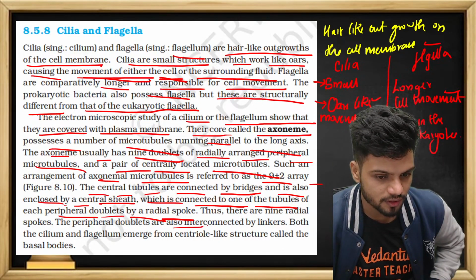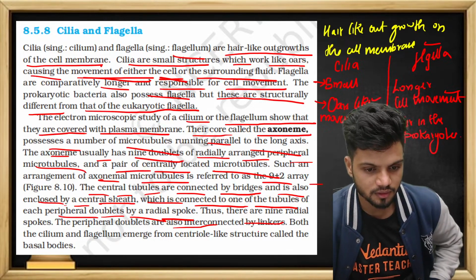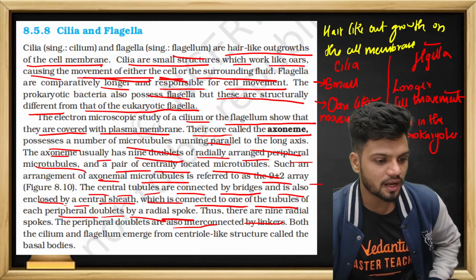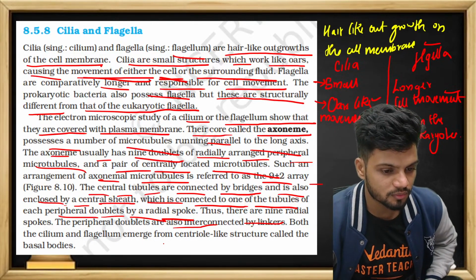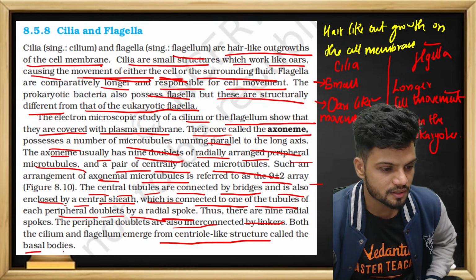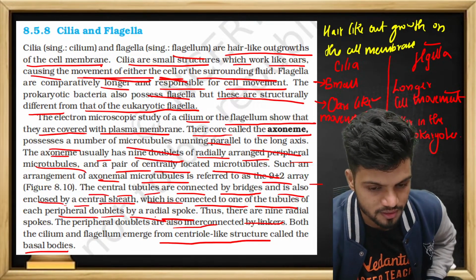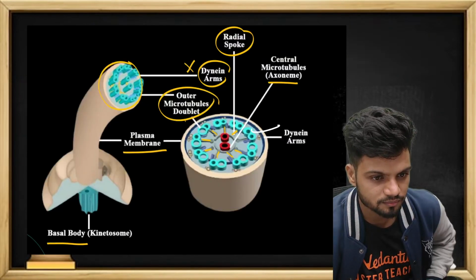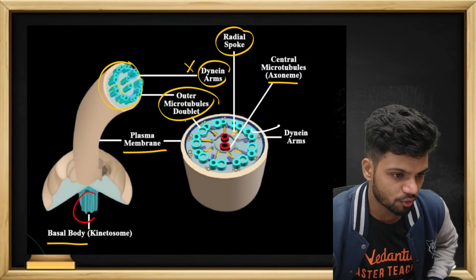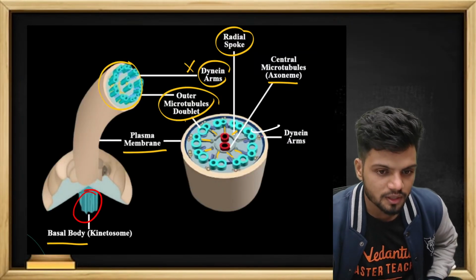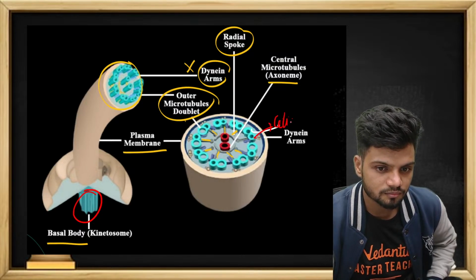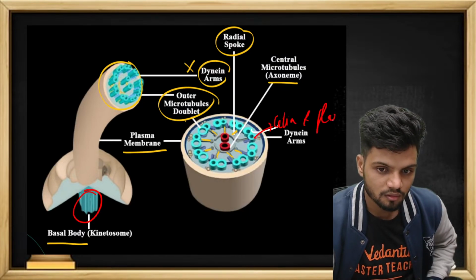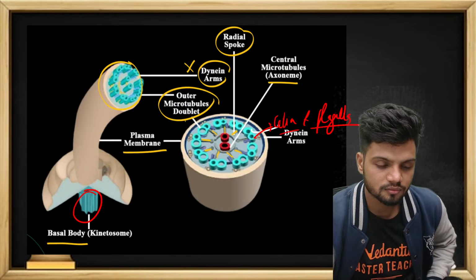Peripheral doublets are also connected by a linker. Both cilia and flagella emerge from the centriole-like structure called the basal body. See, that's the last line. This is called the basal body. From the basal body only, cilia and flagella are coming out.